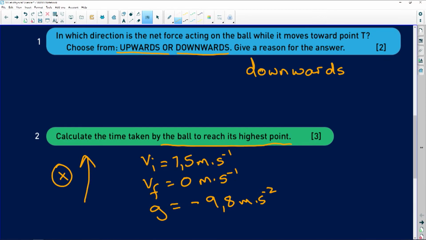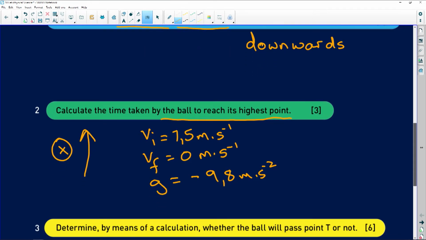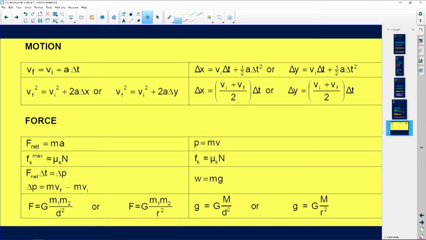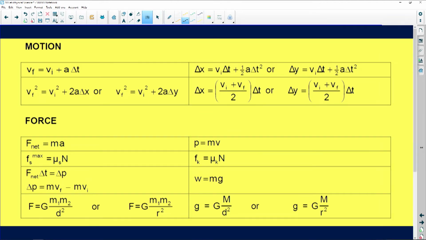Now we've got to work out the time it took to reach the highest point. So let us have a look at what equation we can use. t is my question. So you're going to go to your information sheet and select your equation of motion. If we have a look at our equations here, I think we could work with this equation.